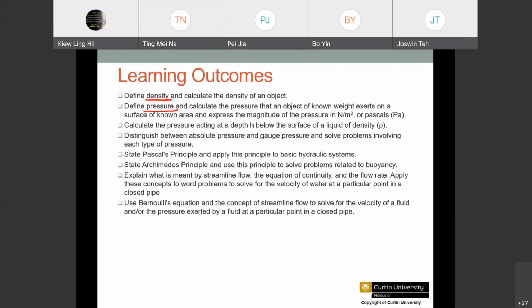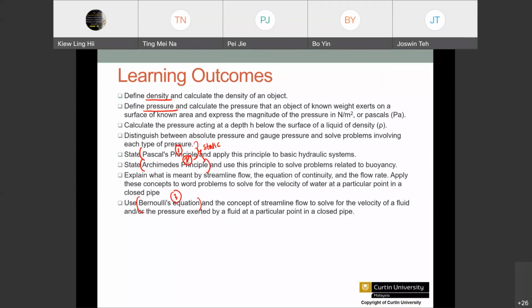All right. So there are three principles related with fluids. The first one is Pascal principle. The second one, Archimedes principle. And the third one, Bernoulli principle. These first two principles, Pascal and Archimedes, are related with static fluids. Static means it is not moving.